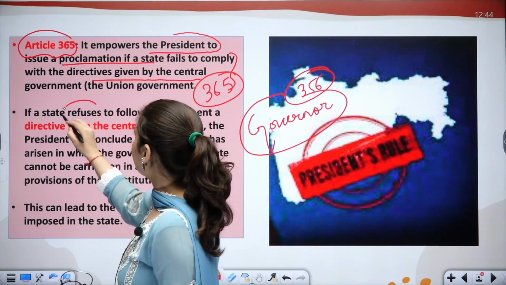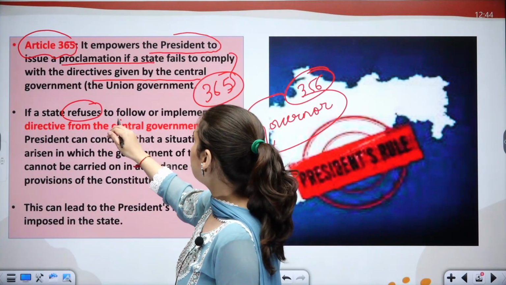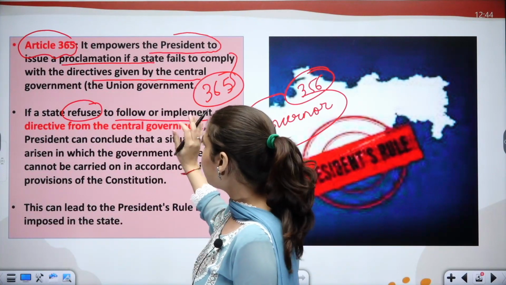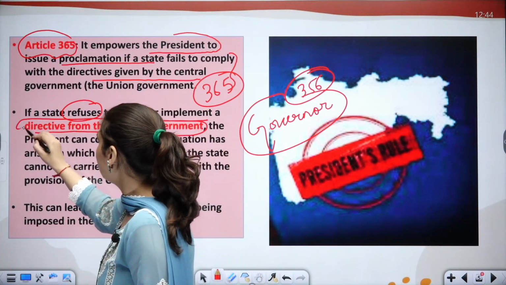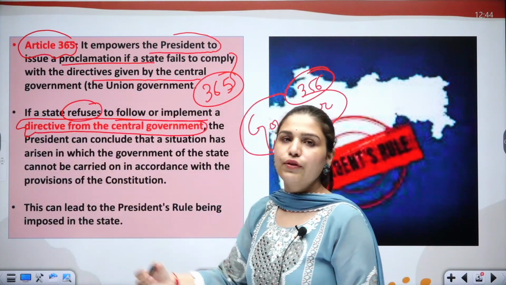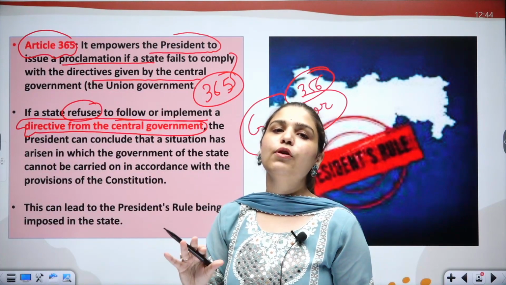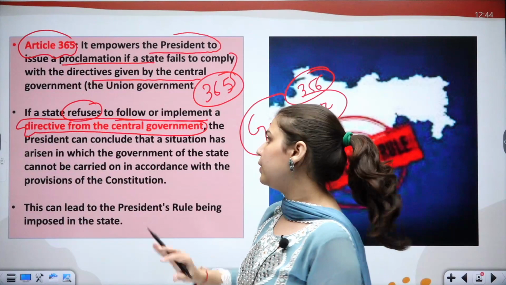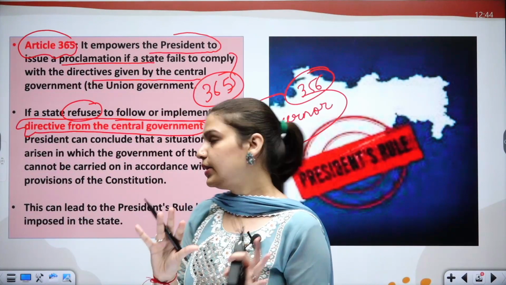If a state refuses to follow or implement a directive from the central government, if an order is given by the central government and the state government refuses to comply with it, President Rule can be imposed under Article 365.